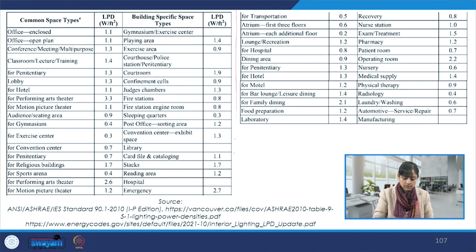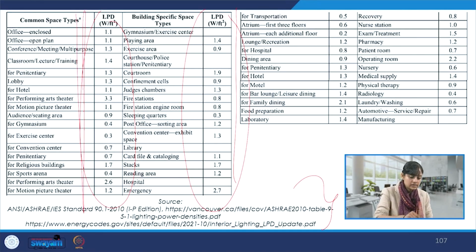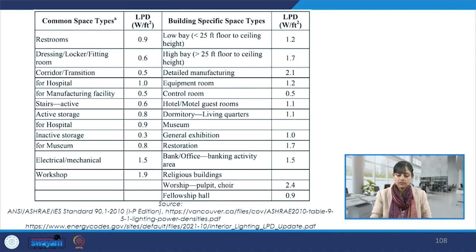These are more tables, more sources, and we have a lot of data available to refer to, against different kinds of spaces that we see over here: hospital, performing art theater, atrium, hotel, laboratory. More examples, different kinds of spaces, museum, workshops.